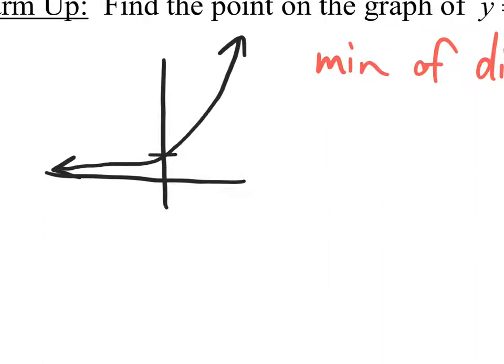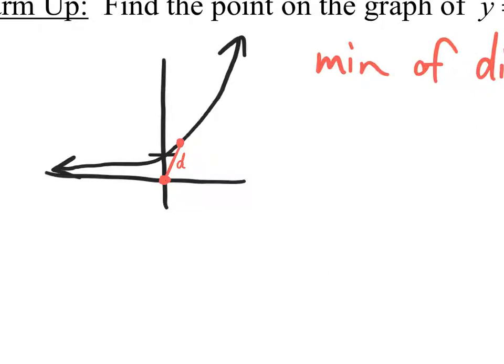It says to the origin, so there's one point. I don't want to fall into the trap of assuming it's right on the y-axis. So I'm going to pick just some random point. I don't know if it's going to be to the left or the right, so I'm not going to assume x is positive, because x might be negative, but just for the sake of our picture, I'm going to draw it like this. So that's the distance that we're trying to minimize.